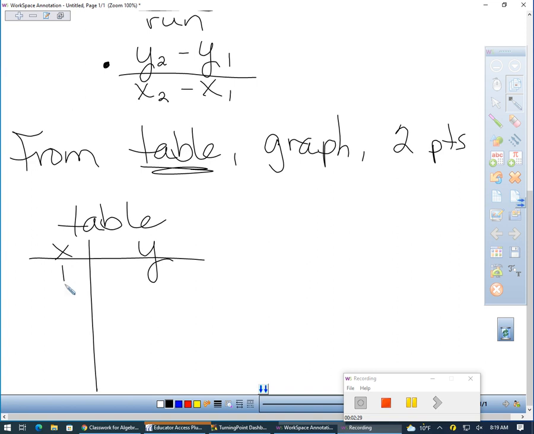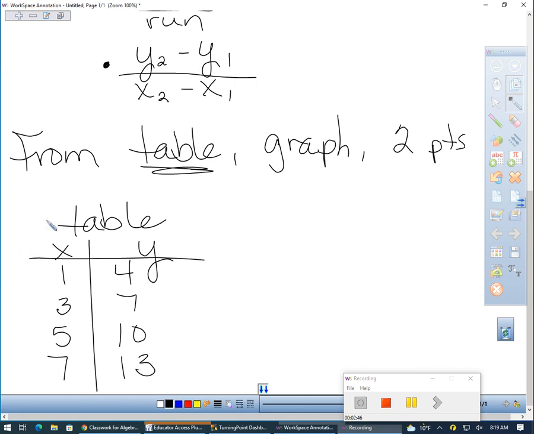So for example, if I have 1, 3, 5, and 7 on the x side, and on the y side I have 4, 7, 10, and 13. To do it from a table, we're going to do our loops. This time, we're not going to do it just on the right. We're going to also do it on the left.